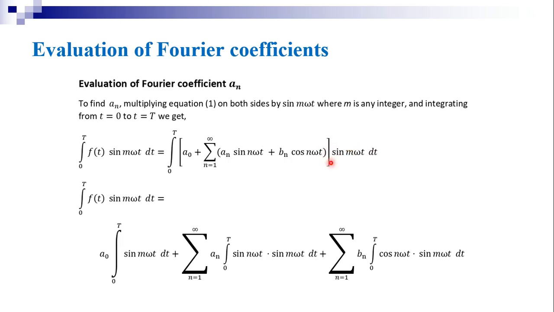After multiplication and integration, it is written as a naught into the integration of sin m omega t dt, plus summation n is equal to 1 to infinity of an into the integration of sin n omega t into sin m omega t dt, plus summation n is equal to 1 to infinity of bn into the integration of cos n omega t into sin m omega t dt, between the limits 0 to T.